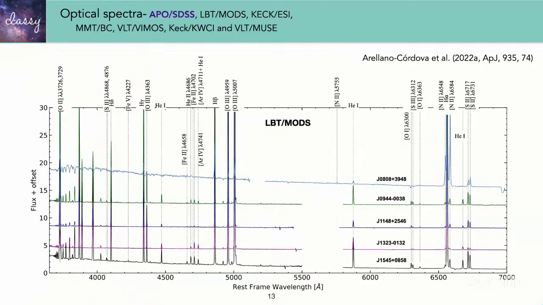So here again are some spectra for CLASSY. We have optical, and you see again these very nice spectra. This is from the LBT telescope for 5 galaxies, and you see again these very high ionization lines. All the lines that we need to derive the physical conditions and properties for the galaxies.